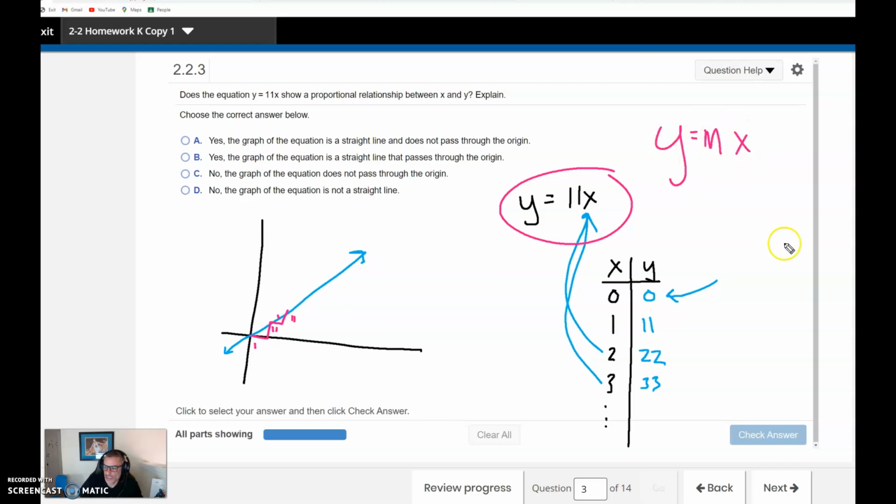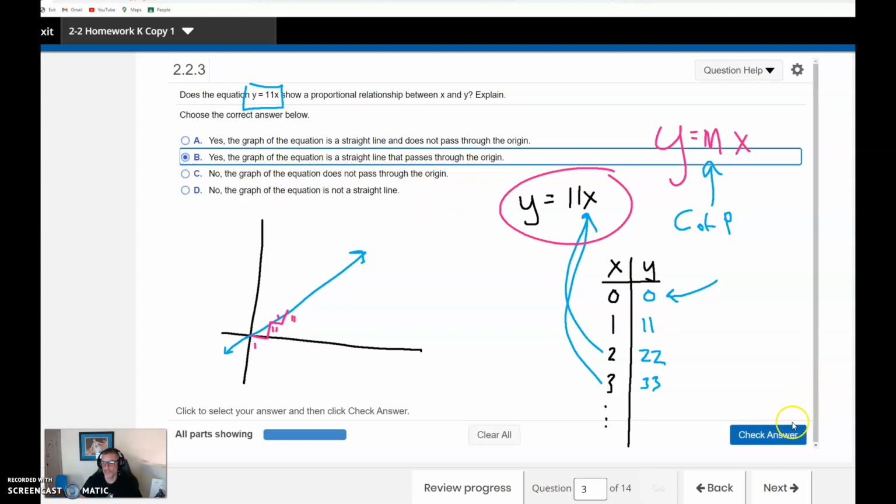Any equation that is written like this, y is equal to mx, where m is the constant of proportionality, the c of p, is going to be a proportional relationship. So as soon as you see an equation written like this, you know that you're just taking your x value, multiplying it by some constant, and it's going to give you your y value. So here I would go, yes, the graph of the equation is a straight line that passes through the origin.